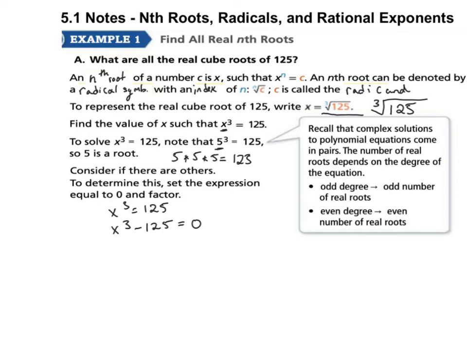Actually, let me go back. Remember, our a would be equal to x, and our b would equal 5, because we can cube them. And this is the difference of cubes.